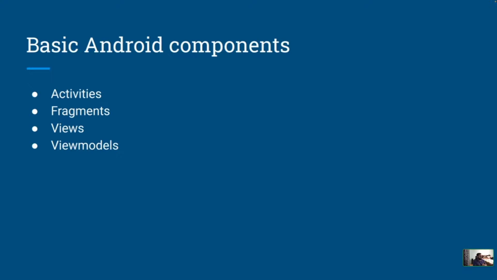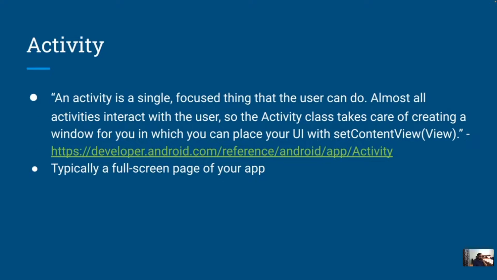Now I'm going to talk about some basic Android components. Some basic ones that I work with on a day-to-day basis are activities, fragments, views, and view models. The first one is activity, and this is a quote from Google's own documentation about what an activity is.